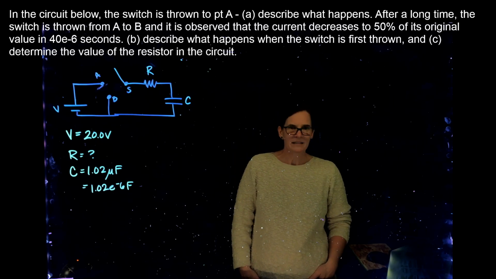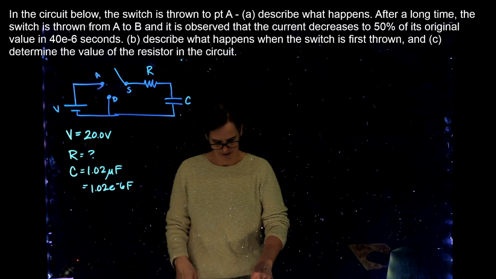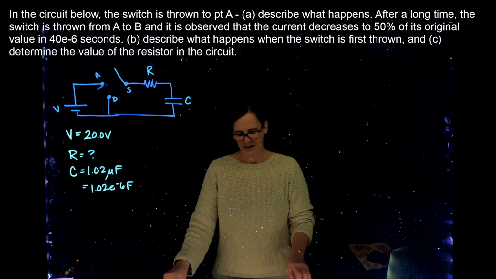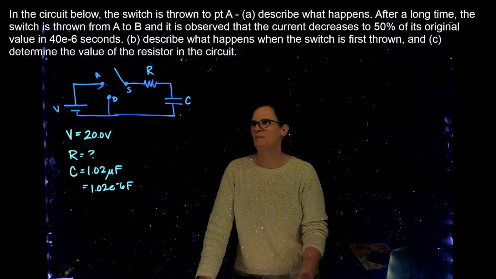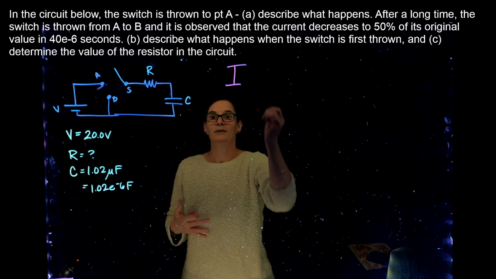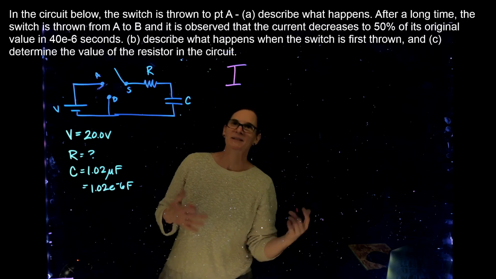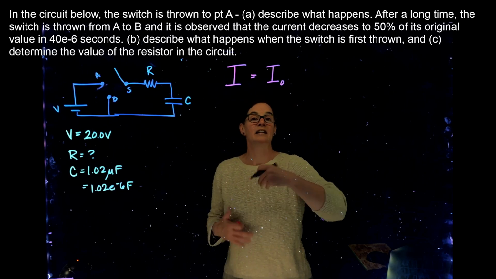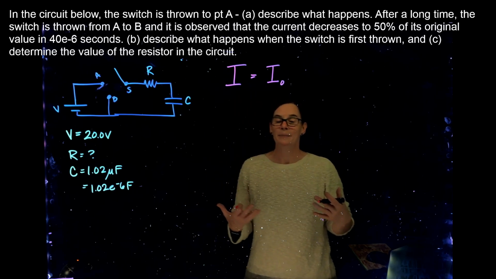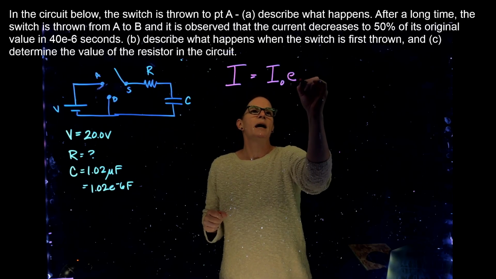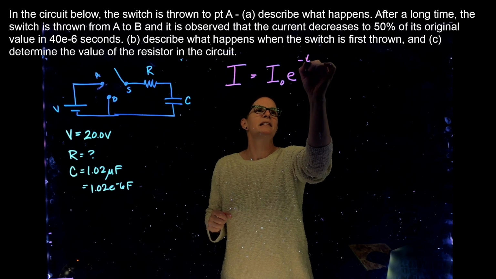Well, what's the value of the resistor in this circuit? Now we're going to use the equations that we've just been playing with. We know that our current, whether charging or discharging in a capacitor, is equal to the initial current, which is determined by Ohm's law in a simple RC circuit, times e to the minus t over RC.